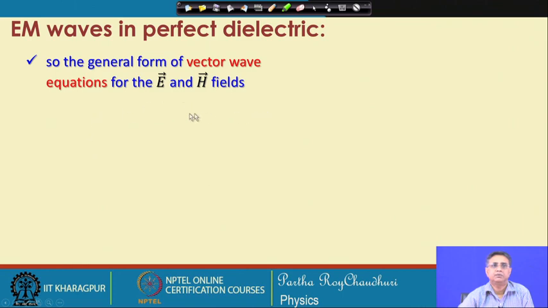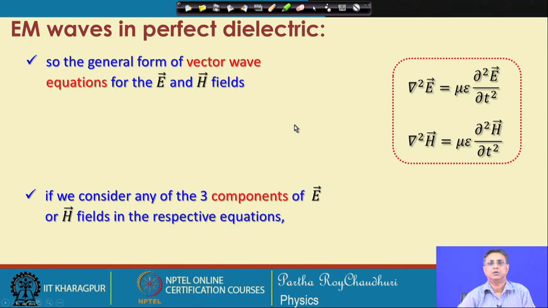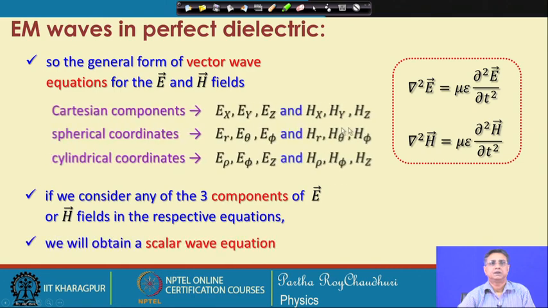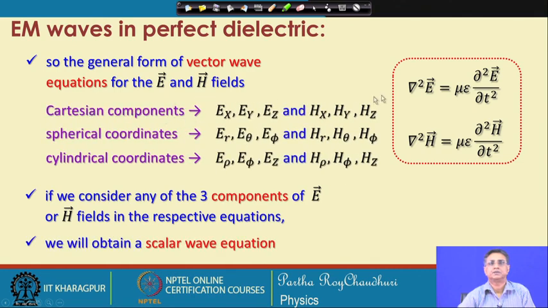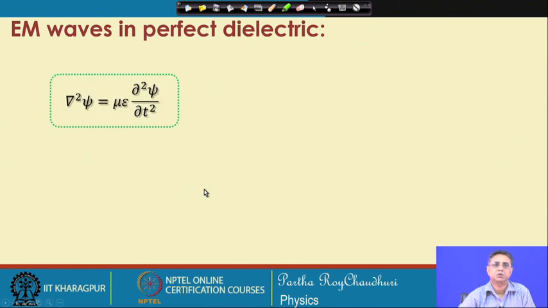So, the general form of the vector wave equations for E and H fields are now this, but the Cartesian components E x, E y, E z will again satisfy it, as I have mentioned before. If you consider the three components of E or H field in the respective equations, then the same equation will represent the scalar wave equation.